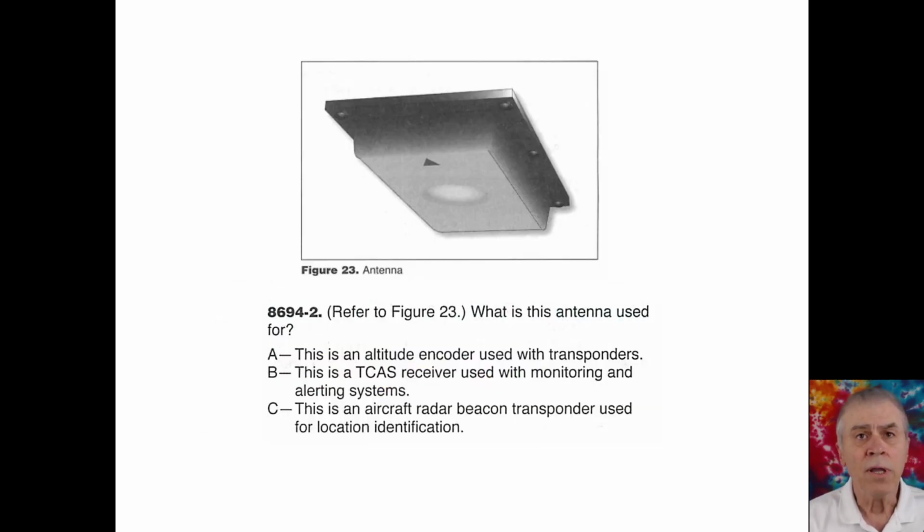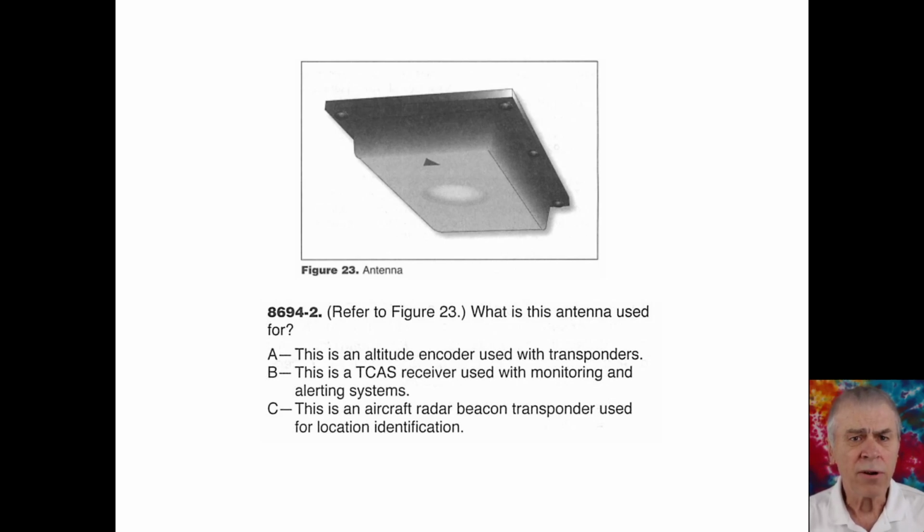All right, next one. It looks like it's going to be bottom mounted, and I can see the little arrow, which usually indicates the direction of flight. What's this antenna used for? A, an altitude encoder used with transponders. B, a TCAS receiver used with monitoring and alerting systems.